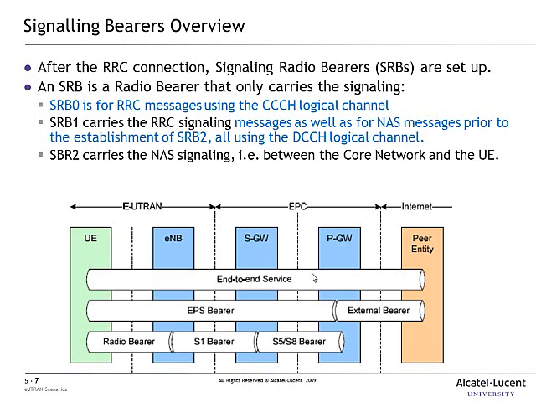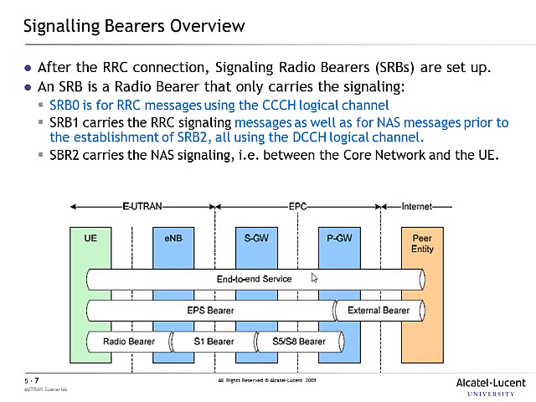Now, in order for this communication to take place, initially we have to have a signaling radio bearer set up, or SRB. So an SRB is essentially a radio bearer that only carries signaling information, and there are 3 main types of SRBs.